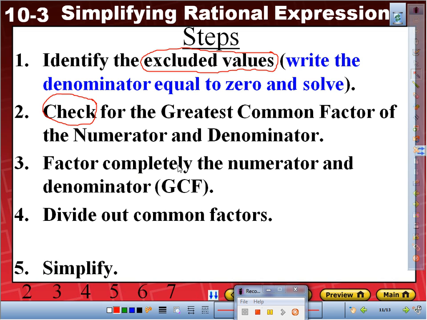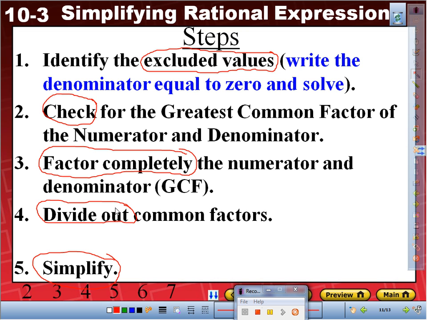Factor completely, we already know how to do that. We did that individually for each expression. Now we're going to be looking at rationals. From there, we're going to divide out common factors, and then at the end we simplify. They're simple steps. I know they're kind of wordy and they have some terms in between, but it's fairly simple. I'm not going to have you memorize these. We're just going to go straight to the example so you can get some practice.